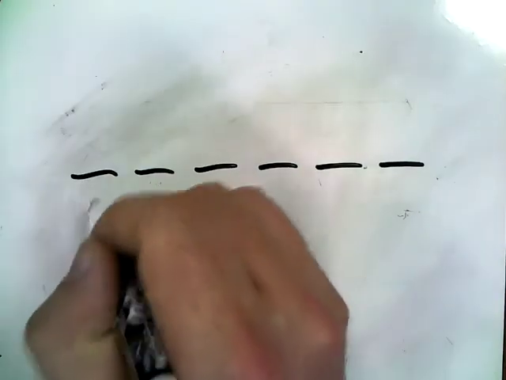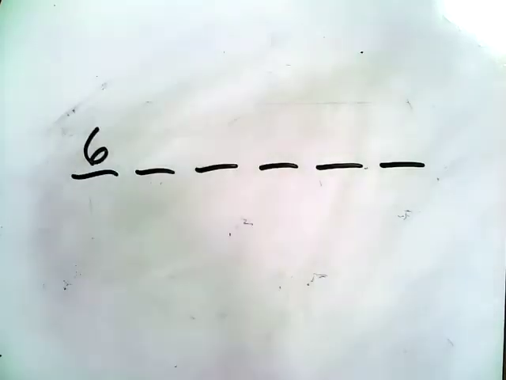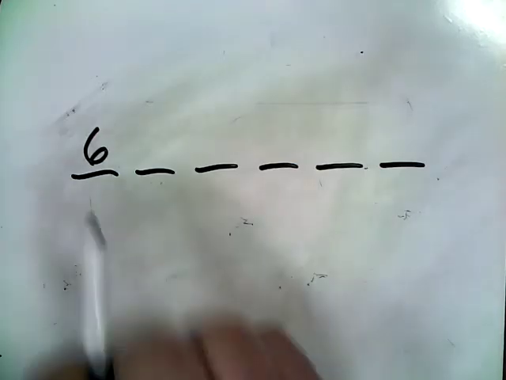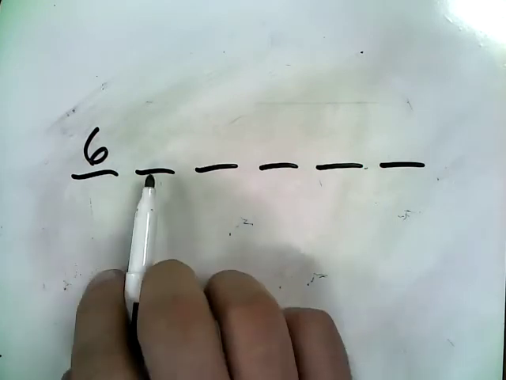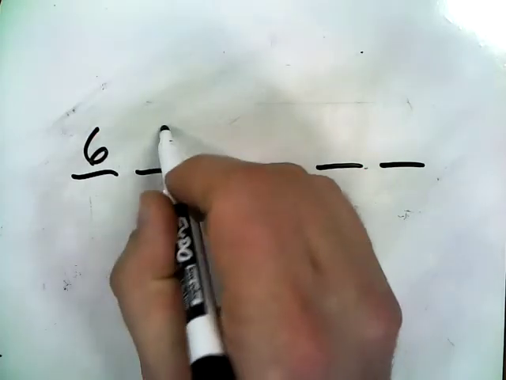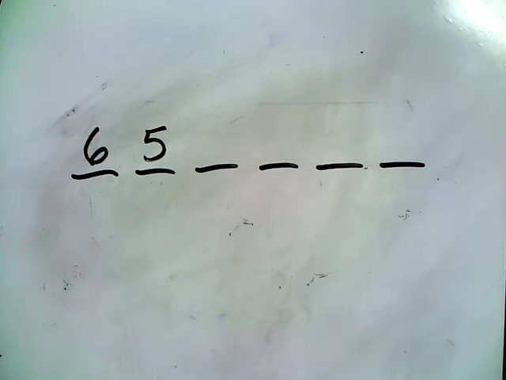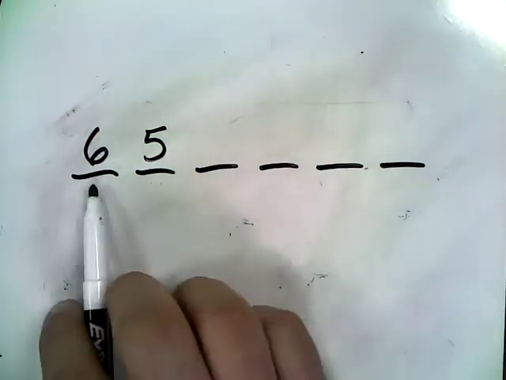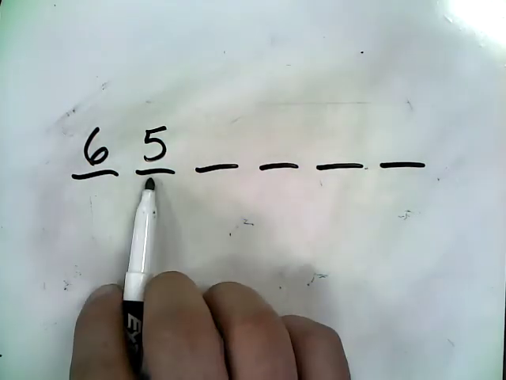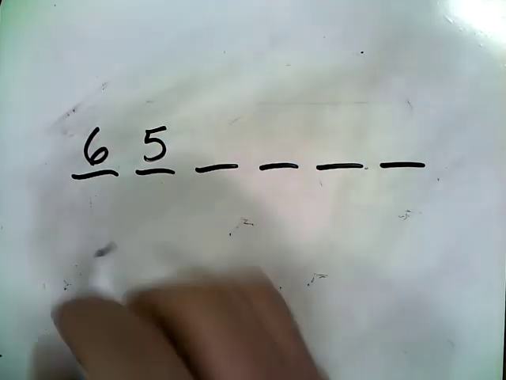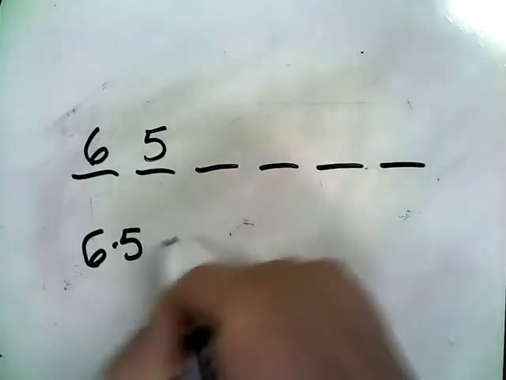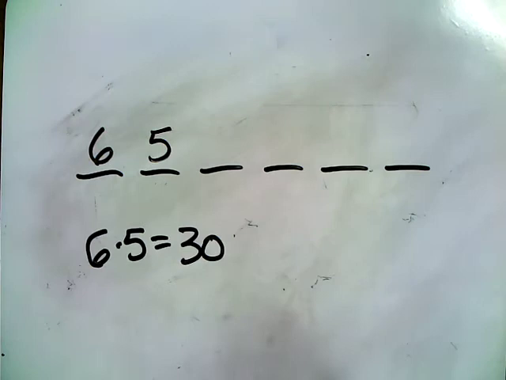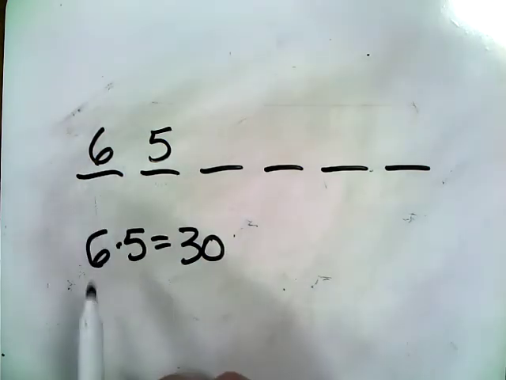So there are 6 students that could possibly sit here. But once I have a student sitting here, how many students could sit there? 5. So how many different ways could I put 2 students sitting in these 2 seats out of the 6? Well, 6 times 5, there are 30 different ways I could arrange these 2 seats.